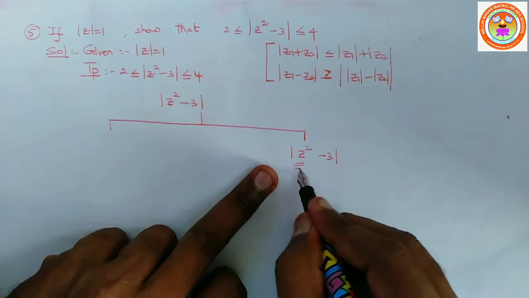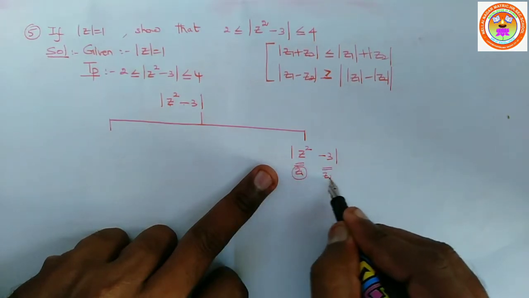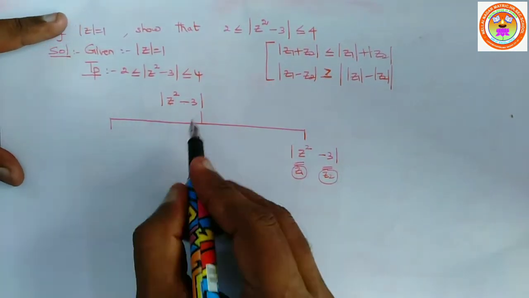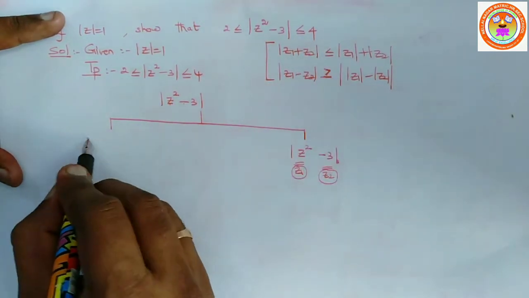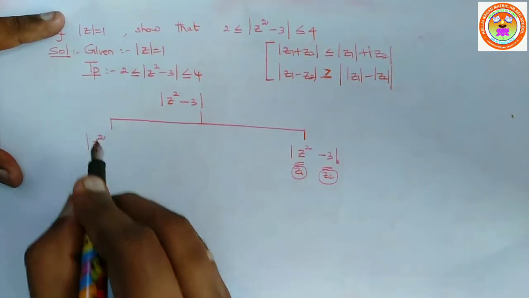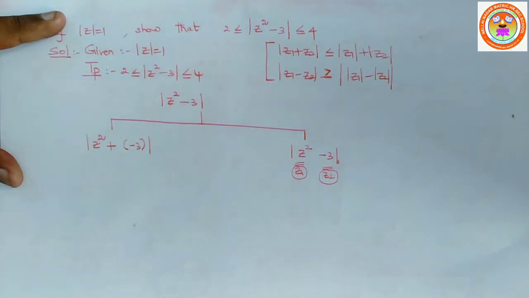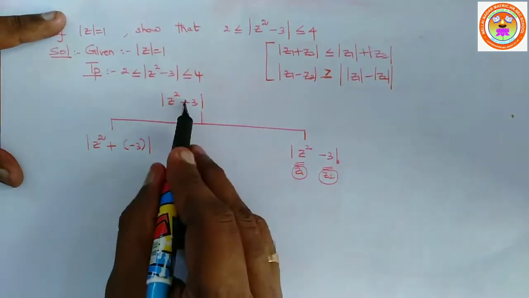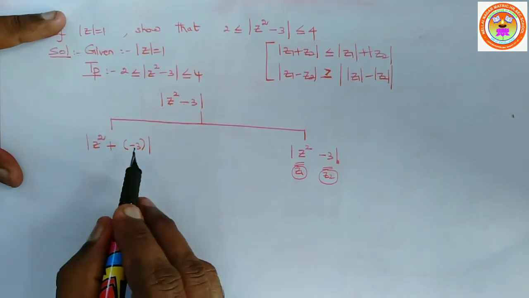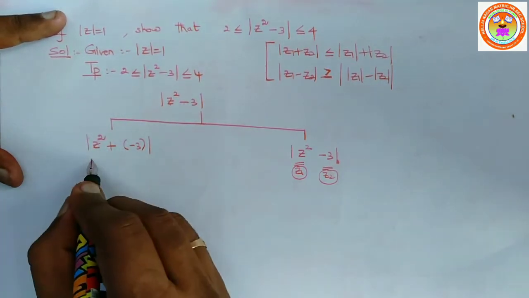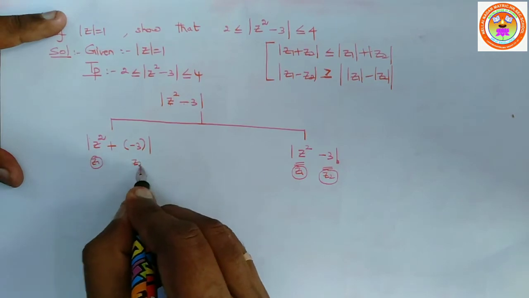This is z1, this is z2. But here plus, I need z1 plus z2. So modulus of z square plus, I will put bracket, minus 3. That's all. Because plus into minus, minus, z1 plus z2. So this will become z1 and this will become z2.